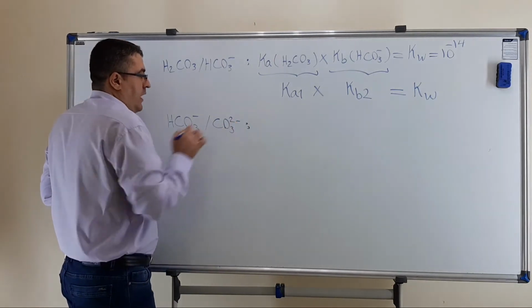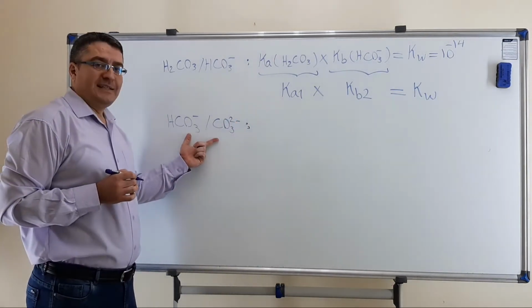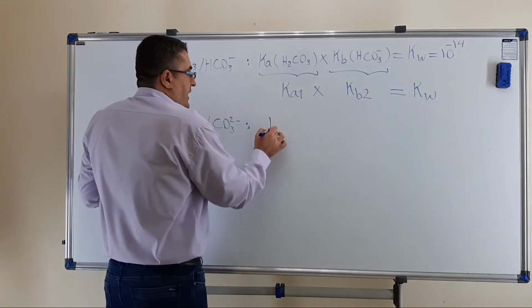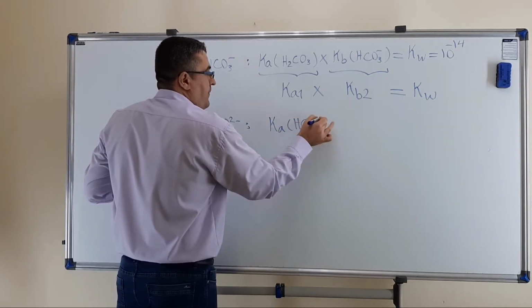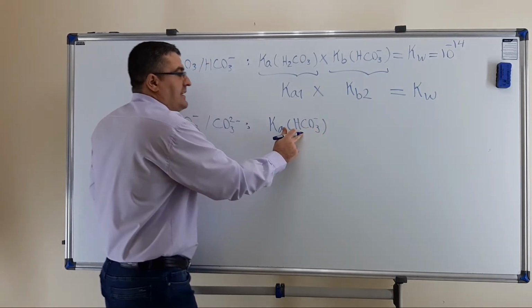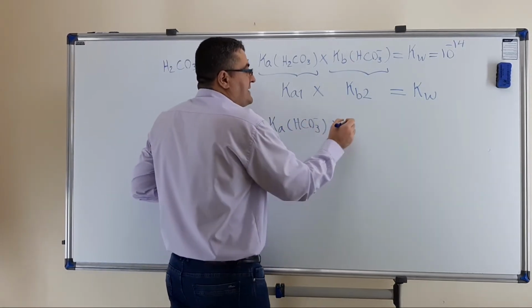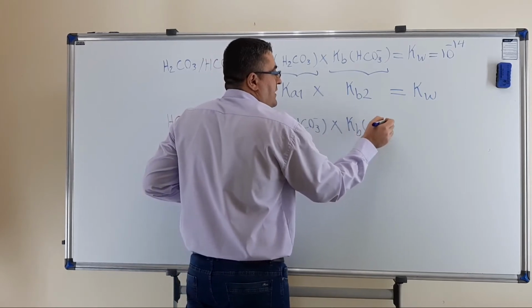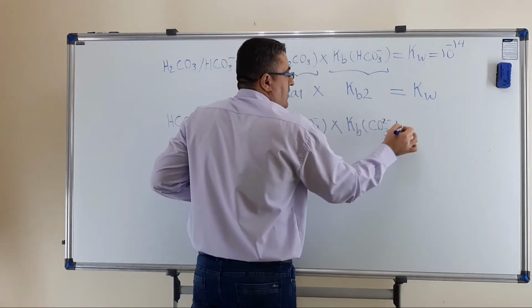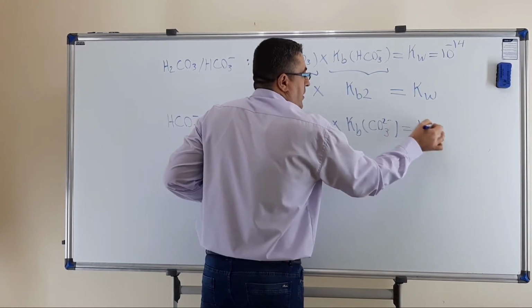Here, for this conjugate acid-base pair, the acidity constant of hydrogen carbonate, the conjugate acid, times the basicity constant of the conjugate base, CO3 2 minus, will be equal to Kw.